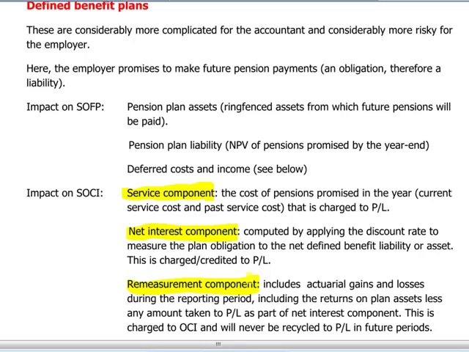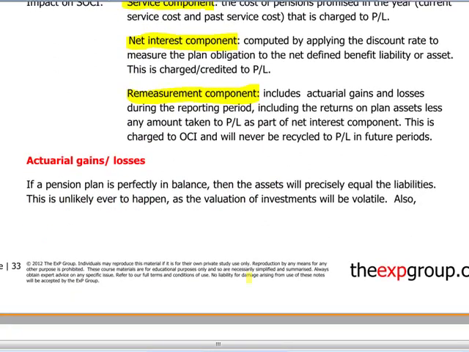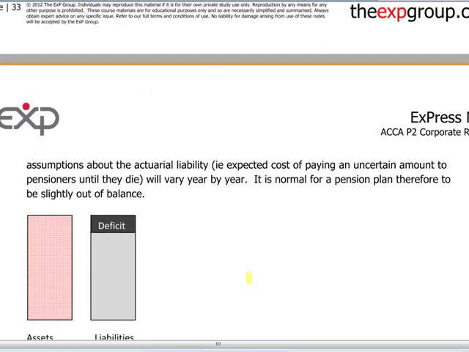This is charged in other comprehensive income, and it will never be recycled into profit and loss in a future period. With respect to these actuarial gains and losses, I want to point out they are not expected. It's not something that we plan for.